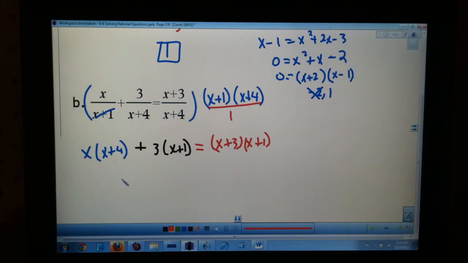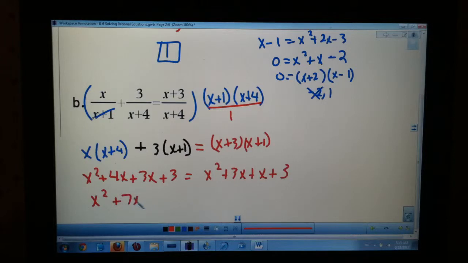Alright, so cleaning up what we have now to try to solve this equation, that gives me x squared plus 4x plus 3x plus 3 equals x squared plus 3x plus x plus 3. Cleaning up, that leaves x squared plus 7x plus 3 equals x squared plus 4x plus 3.